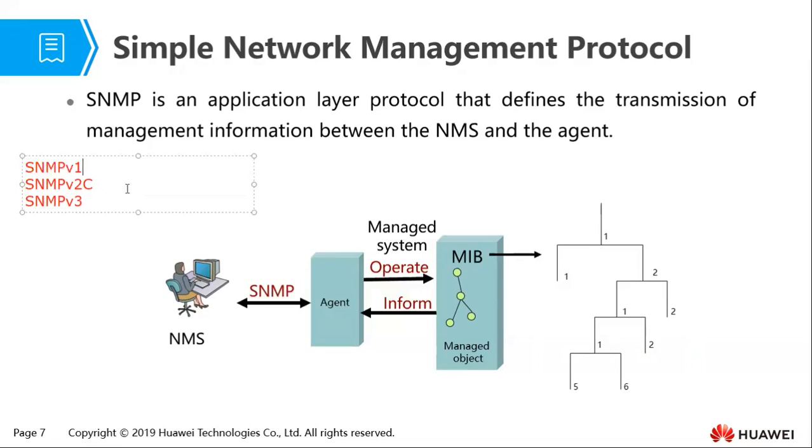It does not have a way of authenticating that indeed the NMS is a legit NMS. Then we have version 2C. This one is majorly used, and it provides some moderate security. Then this is the latest. It uses what we call a user security model to provide a secure access control mechanism. So this one is the most secure version, version 3.